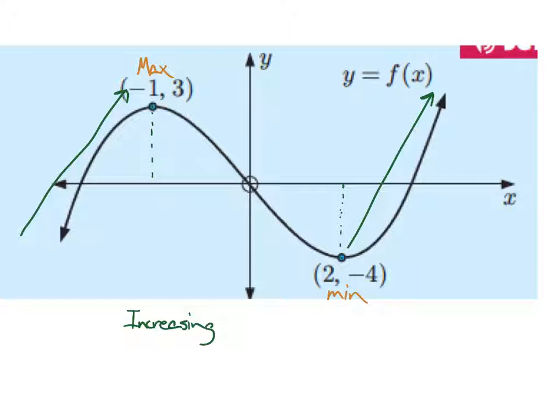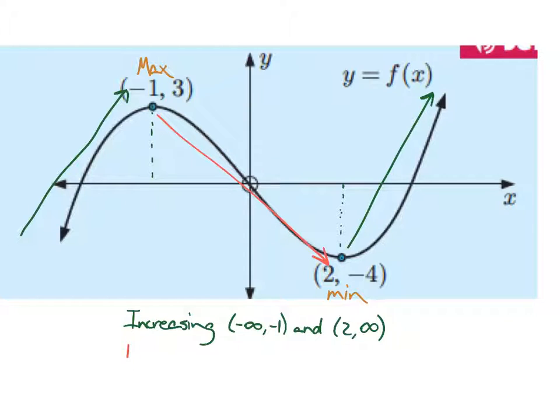But you're right, it's increasing to the left of -1, so from negative infinity to -1, and then also from 2 to positive infinity. And then between these two, it's going down, it's decreasing.